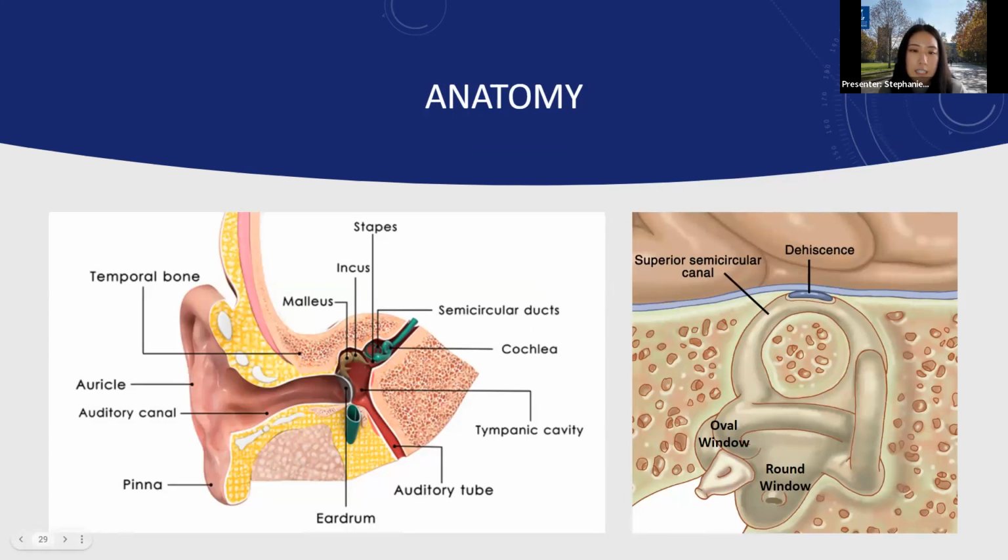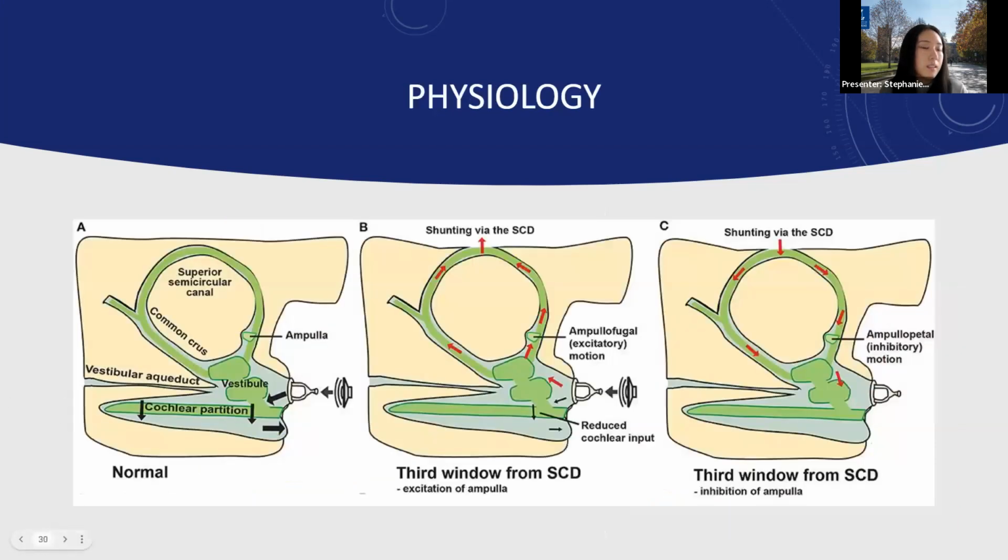The prevalence for SCD in the general population is approximately 1 to 2% according to studies looking at cadavers. However, many individuals with SCD may not actually develop associated symptoms or only gradually develop them later on in life. Next slide, please. Oh, sorry, previous slide.